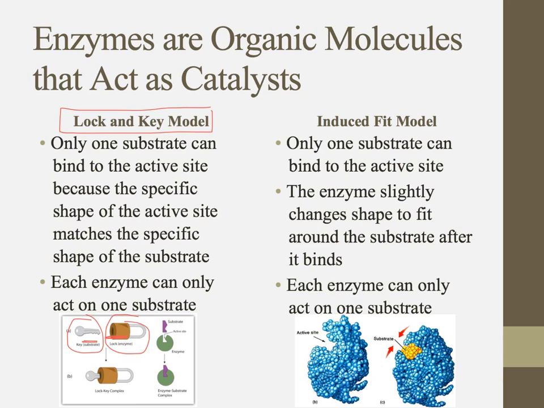That had to mean that the active site was a rigid, no negotiation, not changing my shape kind of place on the enzyme, right? Well, now we realize that that's really old school.